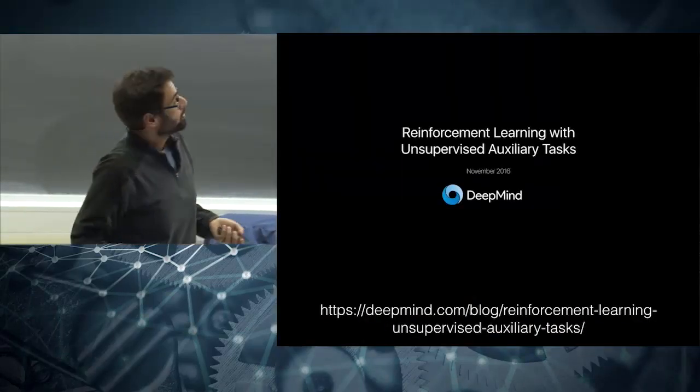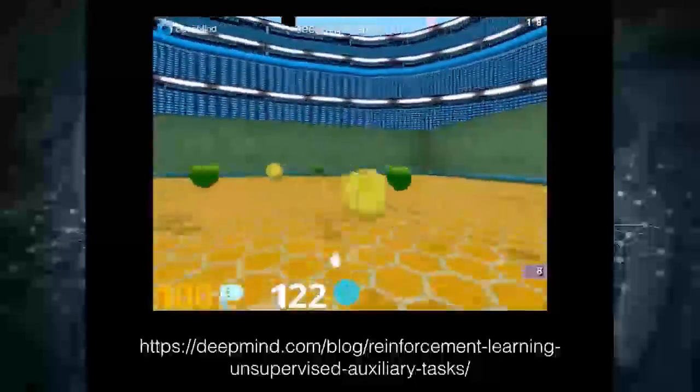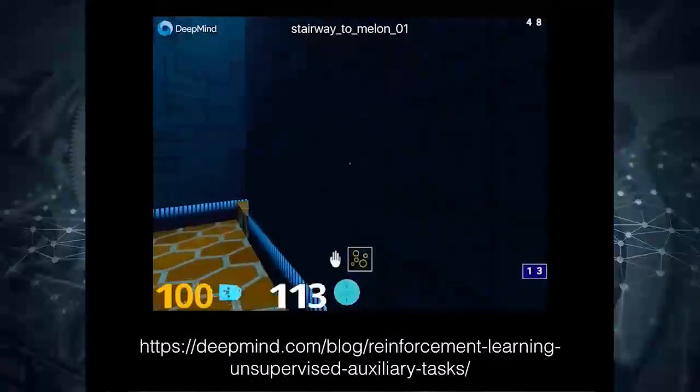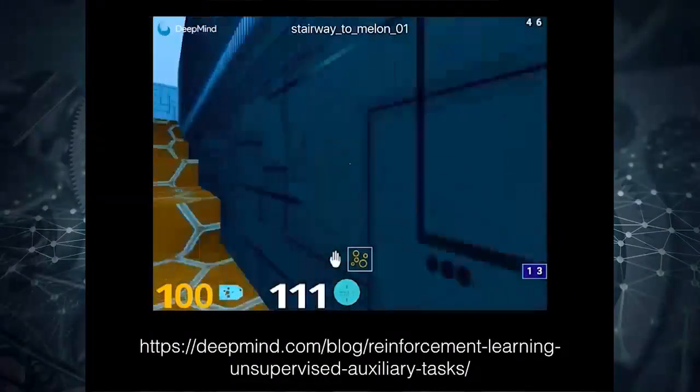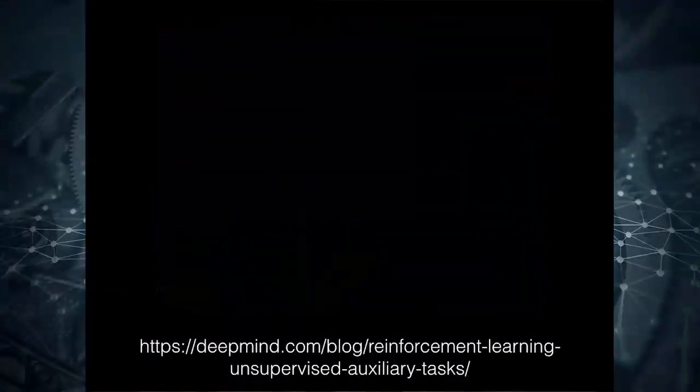So this is just some video from the same method on multiple 3D tasks. Here the idea is to collect apples and lemons and melons, and avoid lemons. Yeah. There's many maze environments. It's very good at mazes.